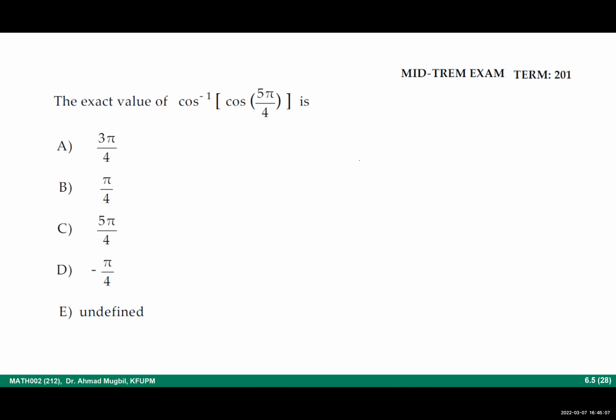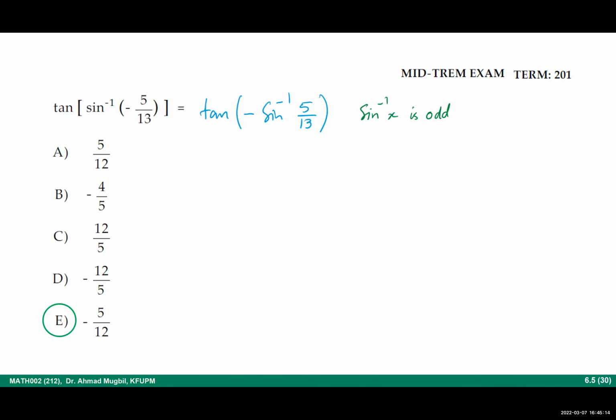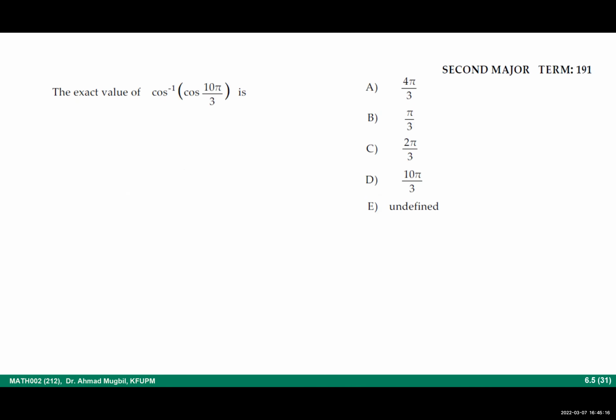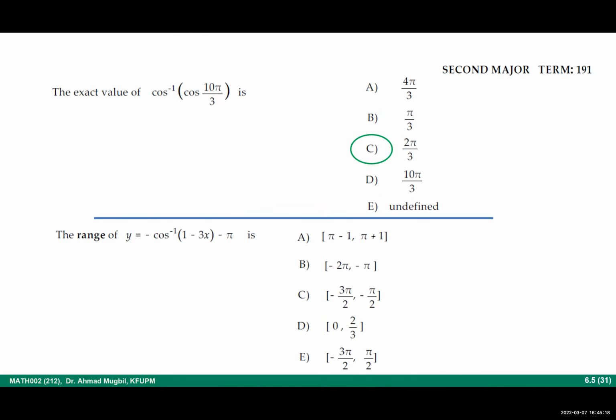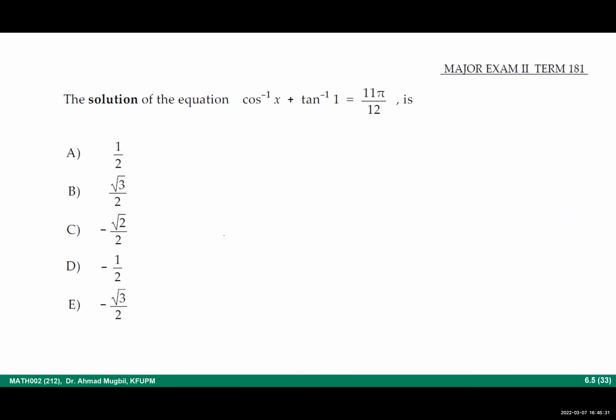This is the exact value. This is also about evaluating such functions. Again, when this is about the range, he will of course build the function. He will start from cosine inverse, then multiply by negative, then add negative pi over pi, and see where it is.